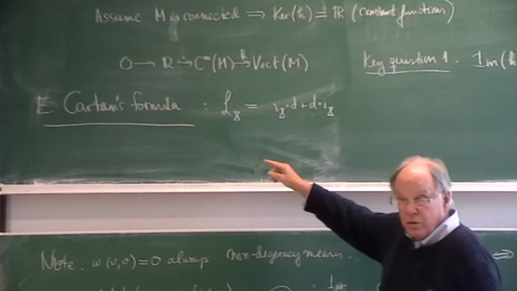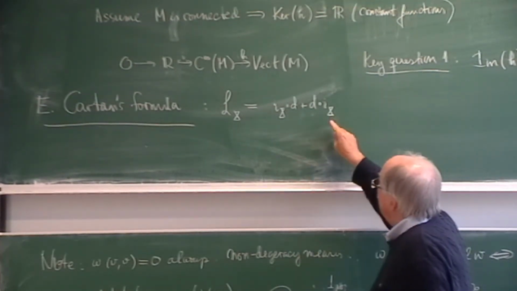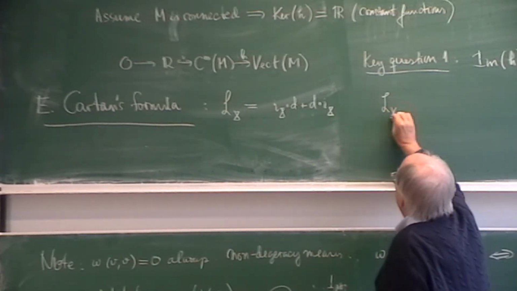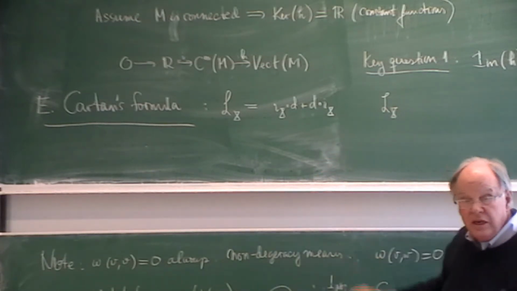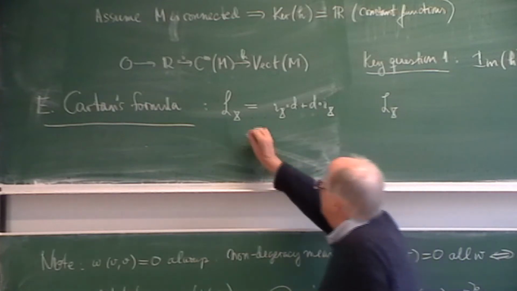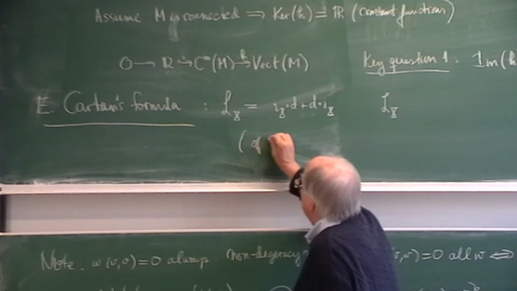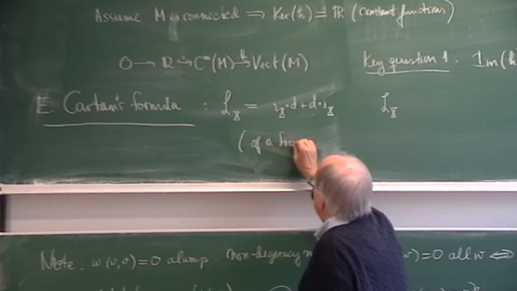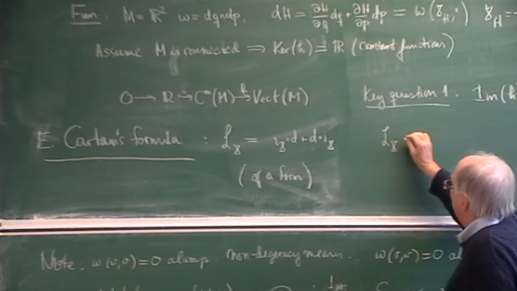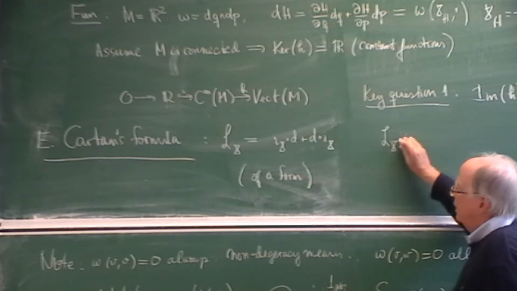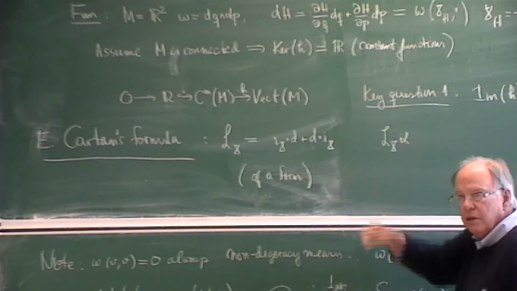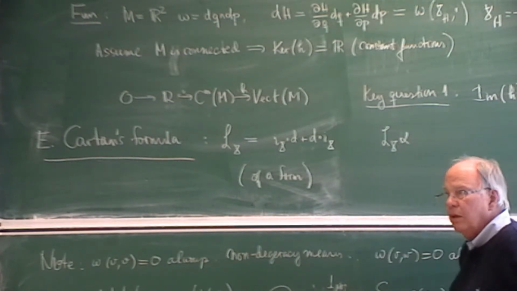So do you understand the formula, what it means? It says, okay, what does this say? So the Lie derivative, okay, what is the Lie derivative of a form? Let's say it's a general form, I don't know, let me call it alpha here to get away from these letters. So any differential form, okay?